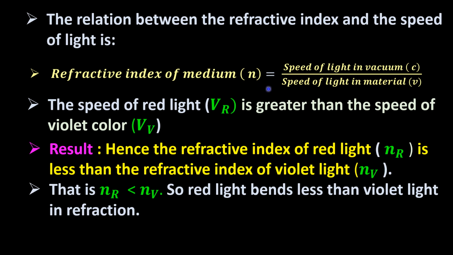Remember one thing, the refractive index of a medium depends upon the color of the light. The refractive index is not the same for all the colors. So the refractive index of red light is lesser than that of violet color. Why? Because speeds are different according to this. So here NR is less than NV.